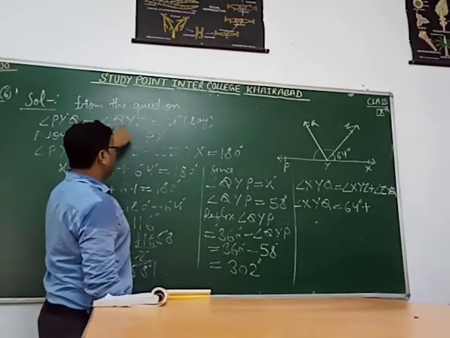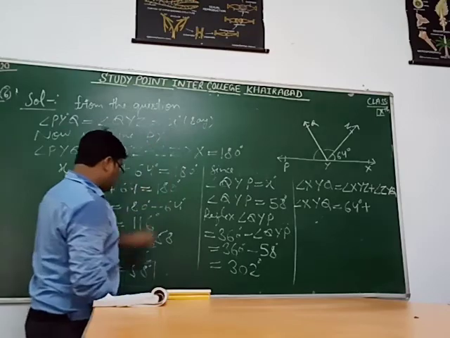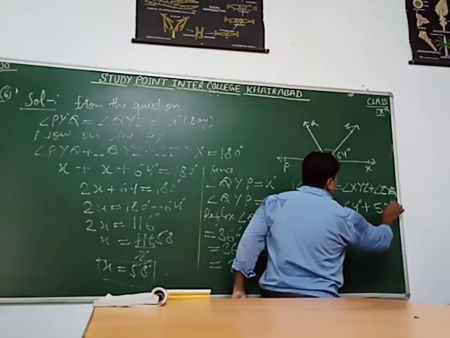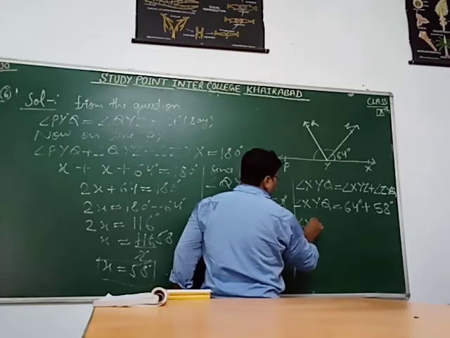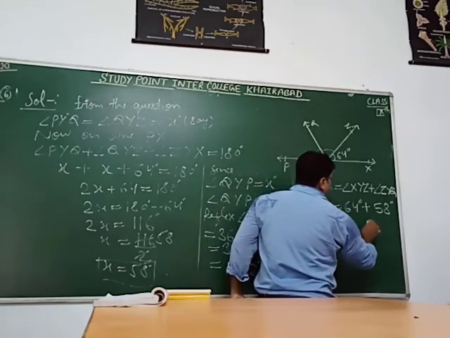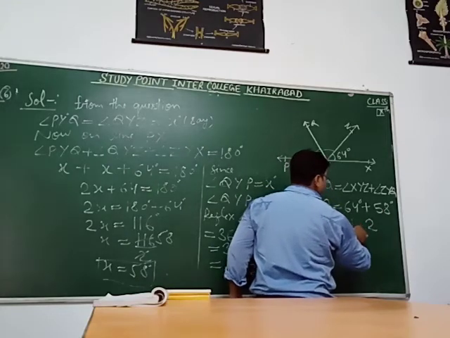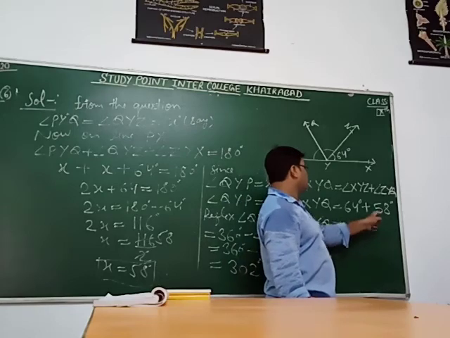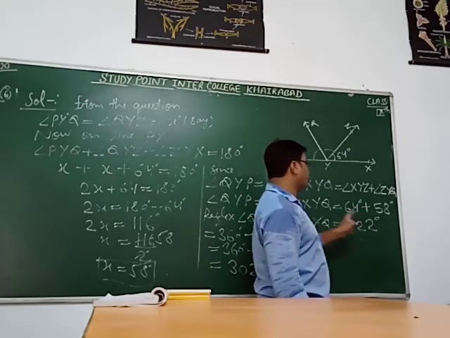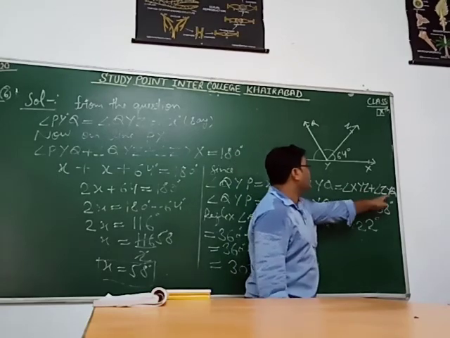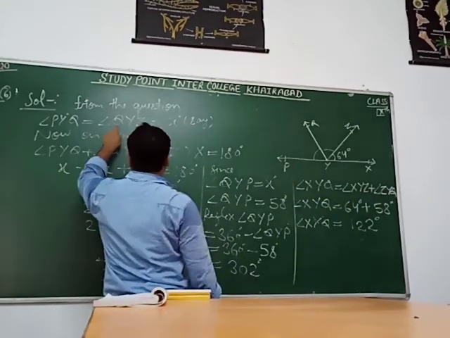ZYQ is x and the value of x is 58. So angle XYQ equals 64 plus 58, which is 122.